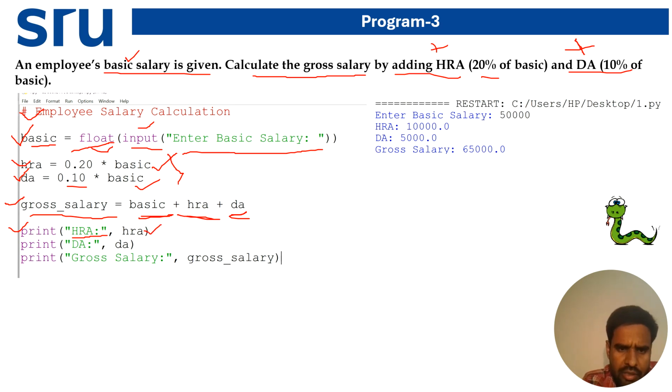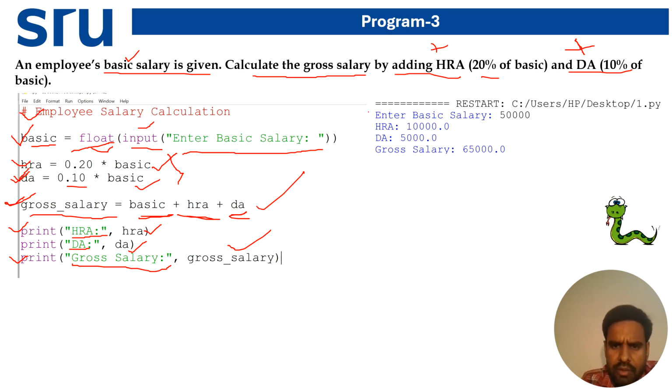Now print DA, which gives the message, and the DA is stored in DA. Now I'm going to print the result of gross salary, this message, then a comma, and the output stored in gross salary. Now we run the program.